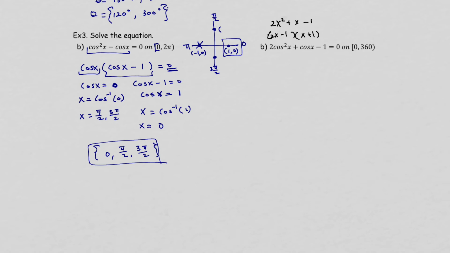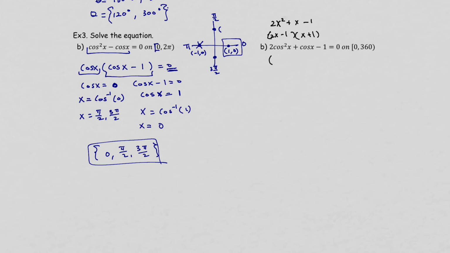Because you have 3 terms here, the first is squared with a coefficient of 2, and the third term is a constant, no variable, which is the same format as a quadratic equation. So when you factor this, you should be able to use the factoring trinomial method.